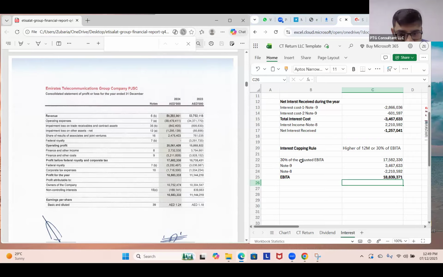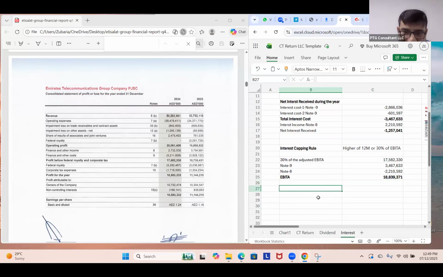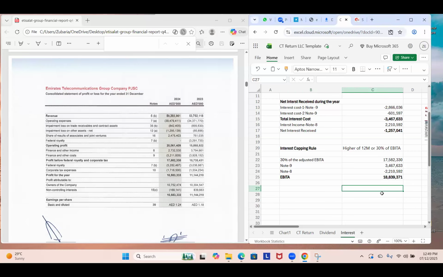Guys, please share the figures in the chat. Yes, Hasnan, 7.3. This is the total amortization and depreciation figure.